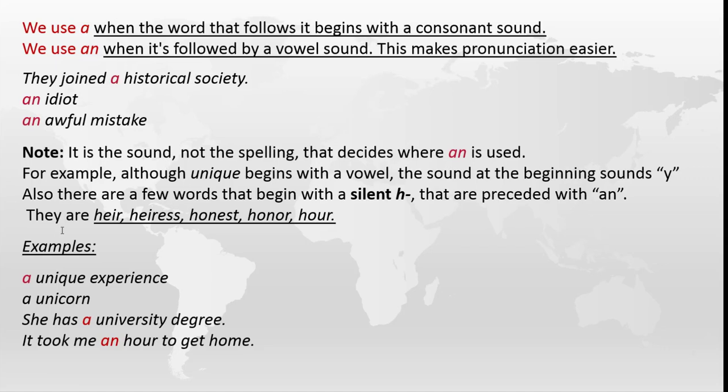In these three examples, we can see that U produces a y sound rather than an U sound. So that's why we use a instead of an. And also, in the last one, it took me an hour to get home. We say an hour because H is a silent letter.